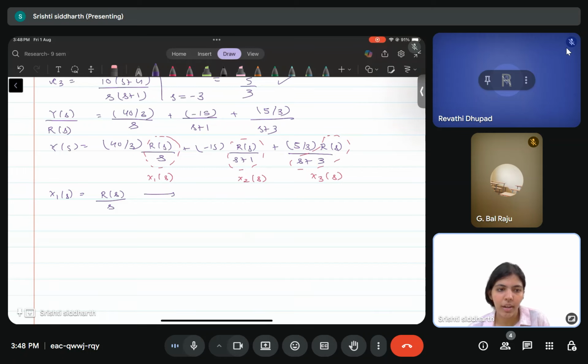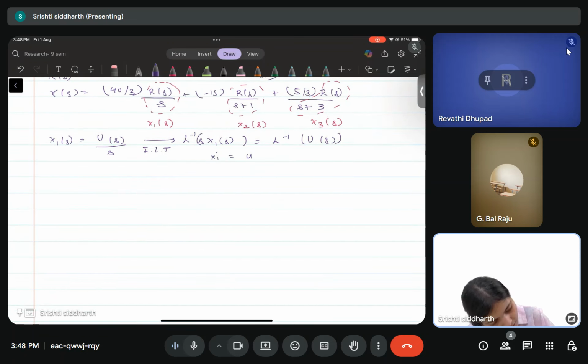And if we want to find the time domain expression, we take the inverse Laplace transform. This gives s times X1(s) equals R(s), or in the state space form, U(s). So this is x1 dot equals u.